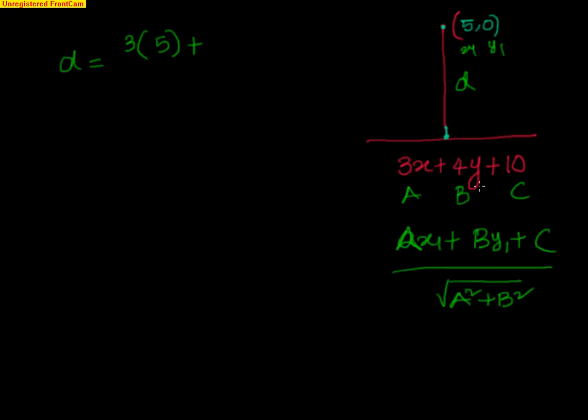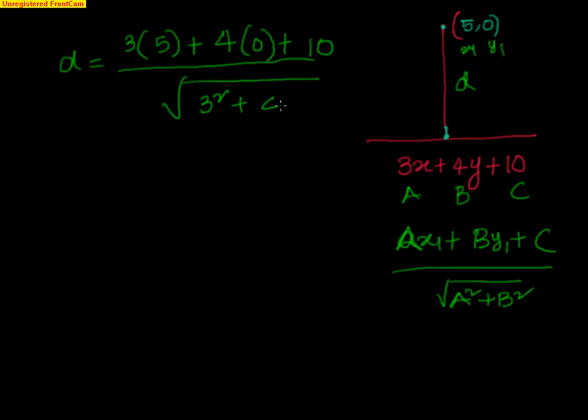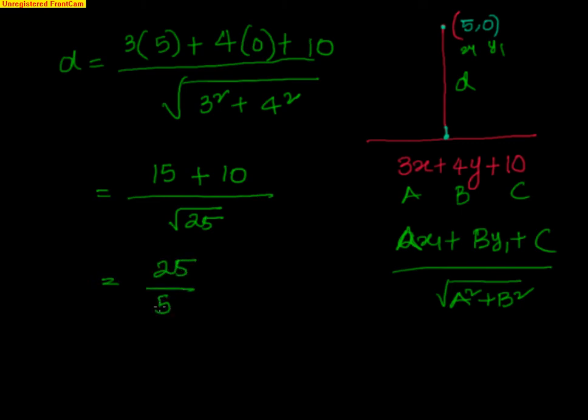Self-explanatory, right? a into x1 plus b into y1, that is 4 into 0, plus c, 10, divided by square root of a square plus b square, that's nothing but 3 square plus 4 square. So this comes to 15 plus 10, 25, divided by square root of 25, nothing but 25 divided by 5 equal to 5. That's a simple example.